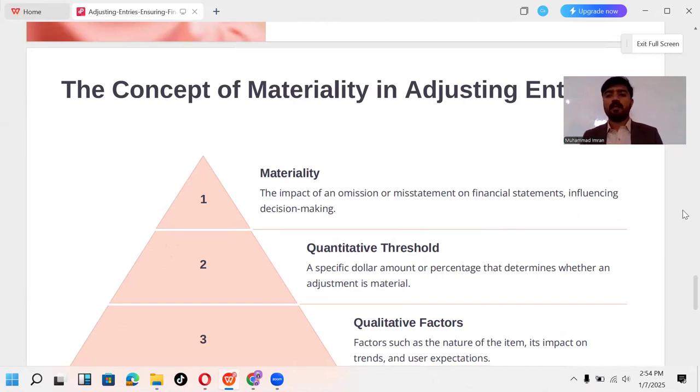But if large amounts of those assets are not recorded, then it will affect these accounts a lot. So specific amounts and percentages are set, up to which it is exempted, and if these are not recorded, it would not be an issue. But if we go beyond this specific amount, then it will be an issue if we don't record it. So this is the materiality principle.